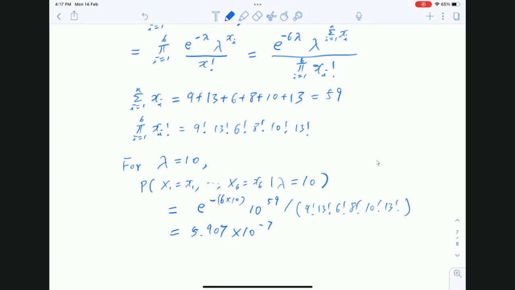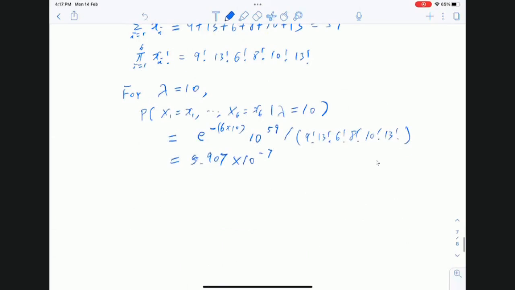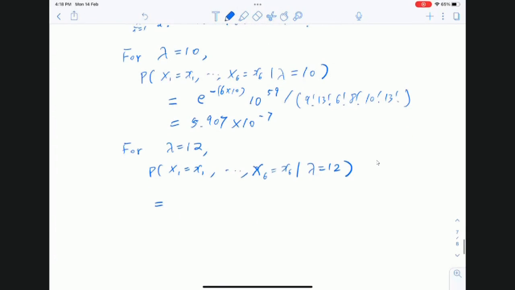Then next, we substitute lambda equal to 12. We do the same calculation. But this time, this will become e to the power minus 6 times 12, and 12 raised to the power 59, divided by this product of the factorials.